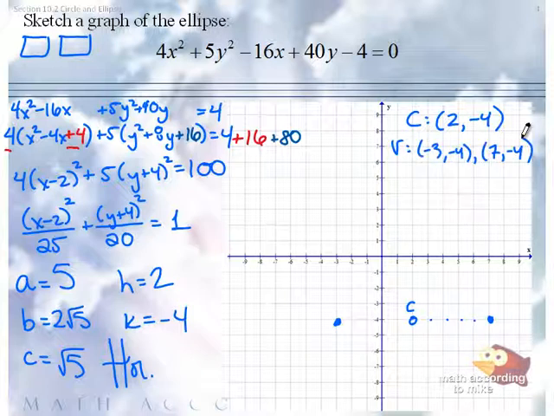Co-vertices, up and down 2 radical 5. Well, radical 20 is 4 point something. So 1, 2, 3, 4 point something. Connect the dots. Oh, I missed it. I'll just make that bigger. That's good. What are the exact coordinates for the co-vertices?